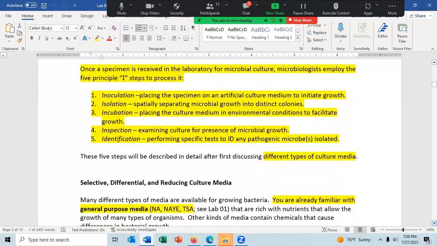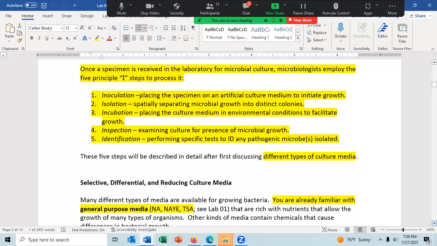Once a specimen is received in a lab for microbiological culture, microbiologists employ the 5 principal steps to process it. First, there's inoculation. Second, isolation. Third, incubation. Fourth, inspection. And fifth, identification.